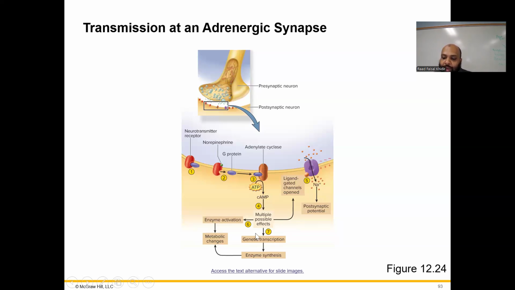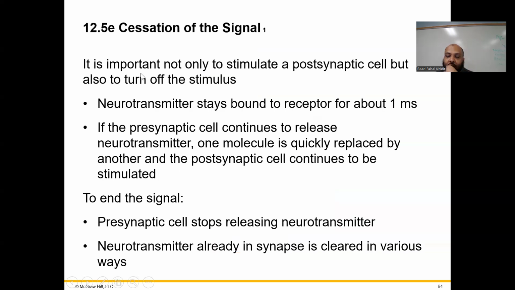It may even cause gene transcription by binding to receptors inside the nucleus, leading to enzyme synthesis that would ultimately lead to metabolic changes, or the transcription of ligand-gated channels that are going to be blocked in the plasma membrane, or channels that are going to open to cause depolarization.